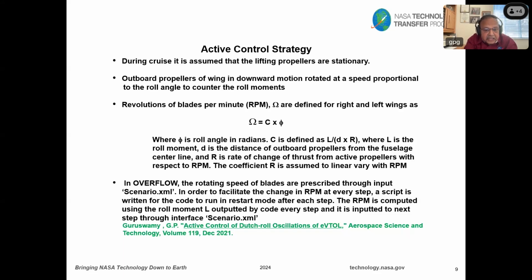These details are available in the paper, including how they are computed with the OVERFLOW code, because the computations are quite complex, and we also need to simulate the variation of the rotating speed. All this is explained in the paper. So next slide, please.